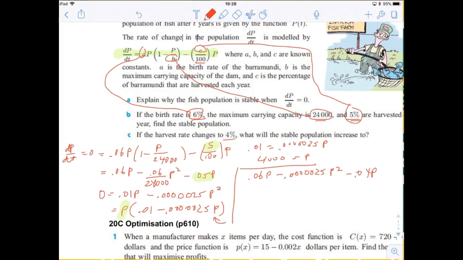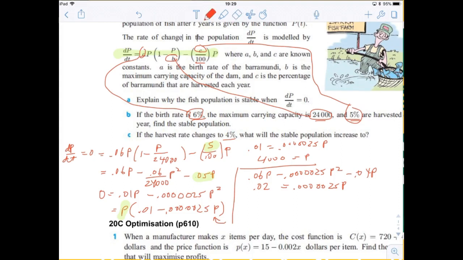And 0.06p minus 0.04p is 0.02p. And then we're going to subtract that to the other side, so we'll get 0.0000025p squared. Oops. We forgot to factor out the p, but when you factor out the p, what's going to happen is you have no p here.